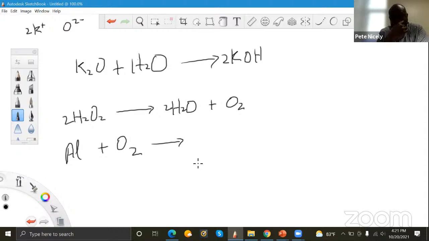Okay, somebody says Al2O, is that correct? Al2O3 is the answer for the formula for aluminum oxide.